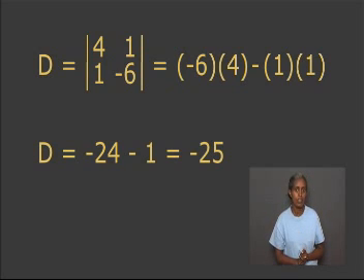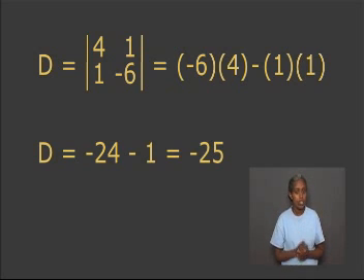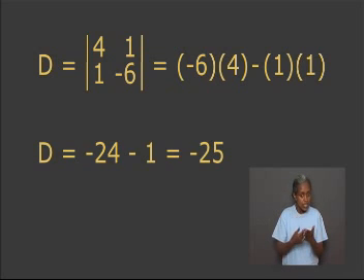To evaluate the determinant, we subtract the cross products of the matrix. So, we get -24 minus 1, which is -25. This is the value of D.